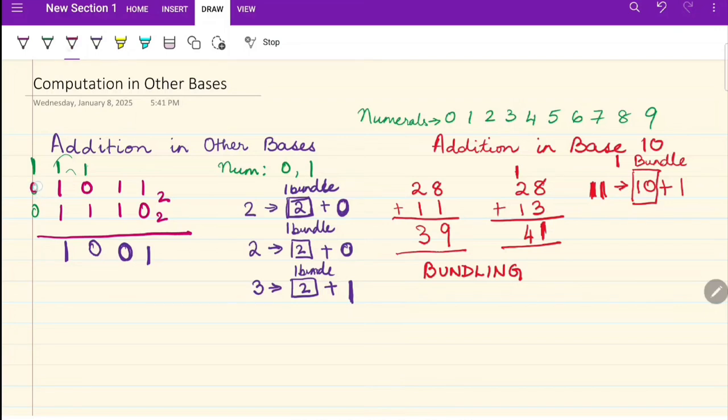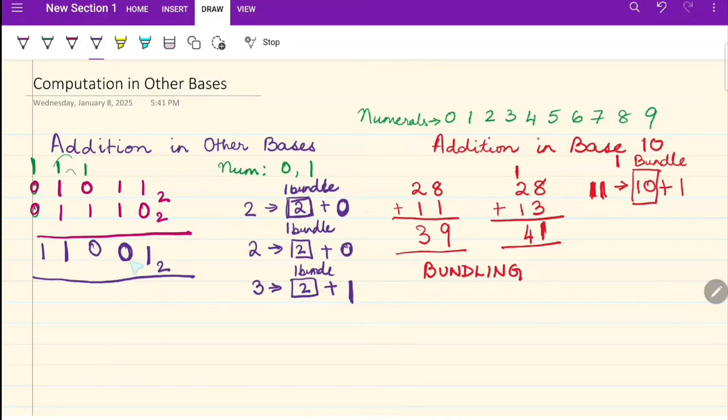All right, 0 and 0. And we'll do the addition. 1 plus 0 plus 0 is a 1, correct? 1. And that's the final number after adding these two, 1, 0, 1, 1 base 2 and 1, 1, 1, 0 base 2. We get a value which is 1, 1, 0, 0, 1 base 2.